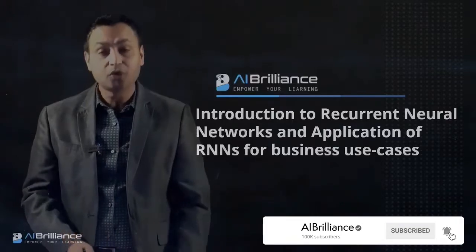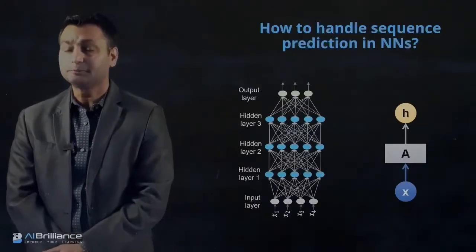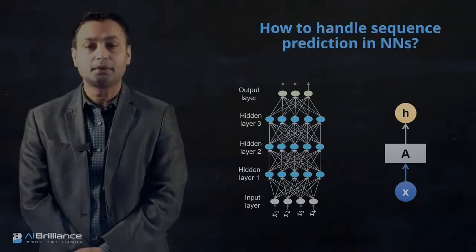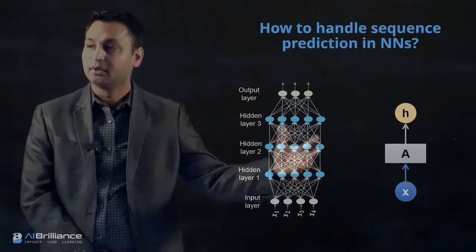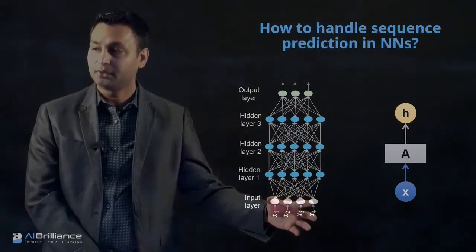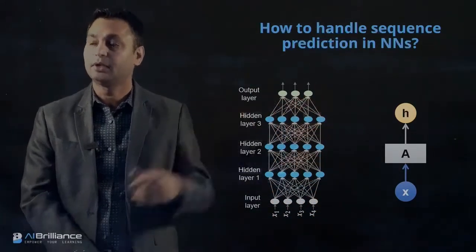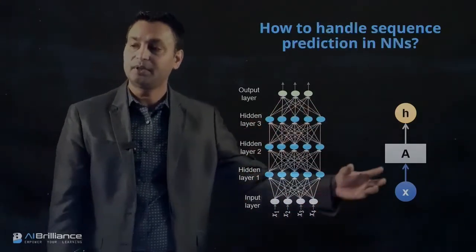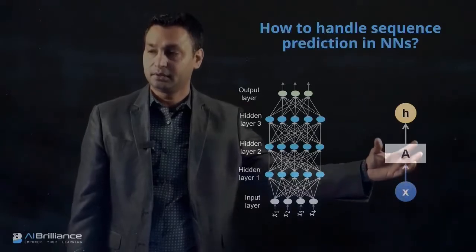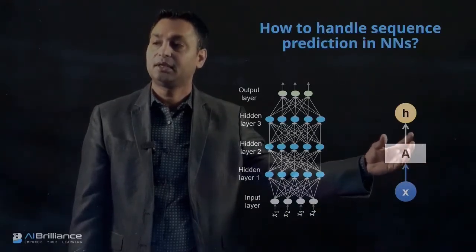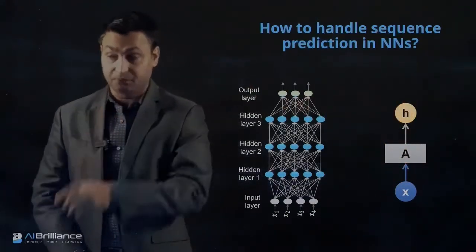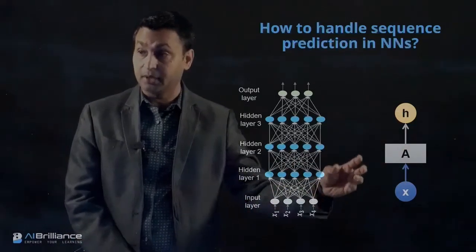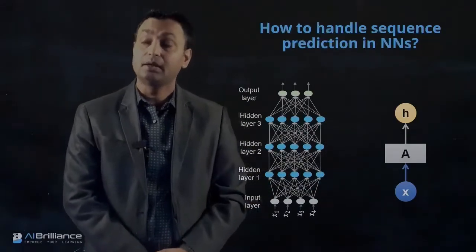In order to motivate the uses of recurrent neural networks, let's begin with what is typically available to us, which is traditional neural networks, where you have an input layer, some hidden layers, and then an output layer. That could be an architecture in a deep neural network. You have an X, and then there is a set of weights and architecture that processes it, and then you output something. Now in this architecture, each input and output pair are independent of each other.